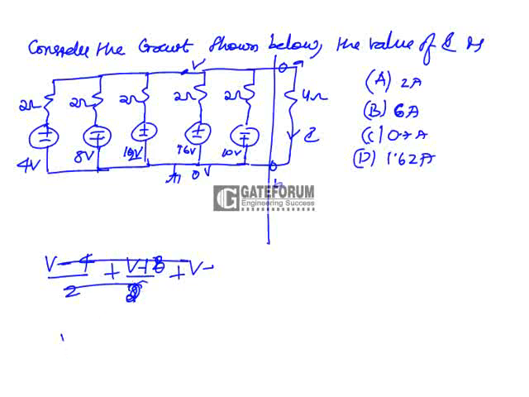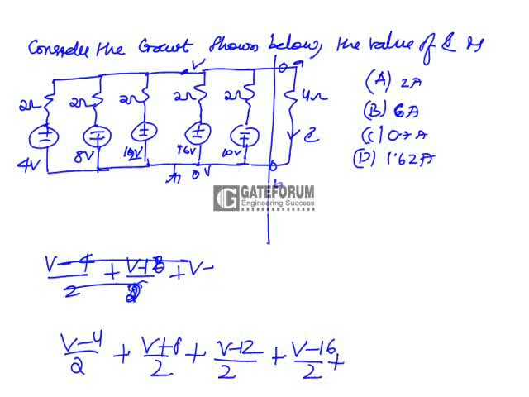Okay, V minus 4 by 2 plus V plus 8 by 2 plus V minus 12 by 2. Similarly, V minus 16 by 2 plus V plus 10, since polarity is again different, by 2 is equal to 0.